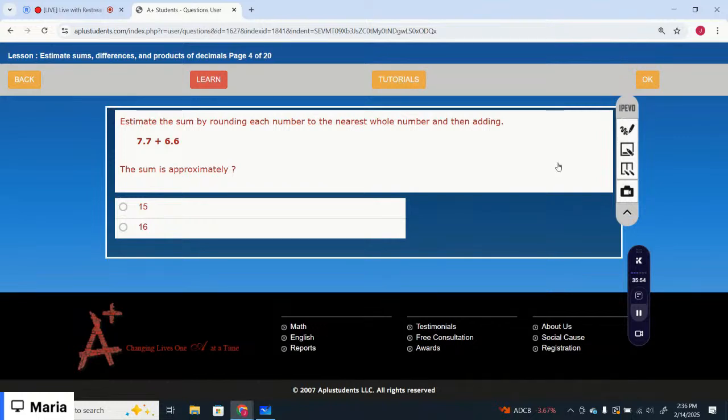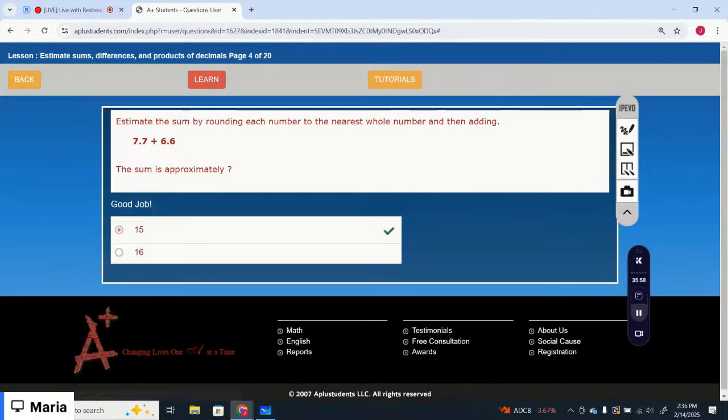That is 15. Option number 1 is the correct option.